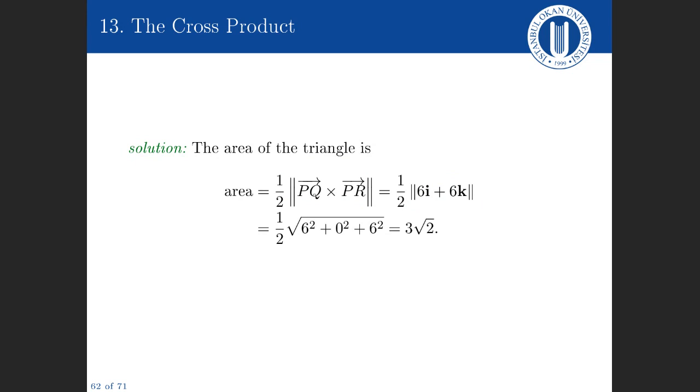We also have a formula for the area of a triangle. The area of the triangle is a half the norm of PQ cross PR. So all we need to do is calculate a half of the norm of 6i plus 6k. And I'll leave it for you to check that the answer is 3 square root of 2.